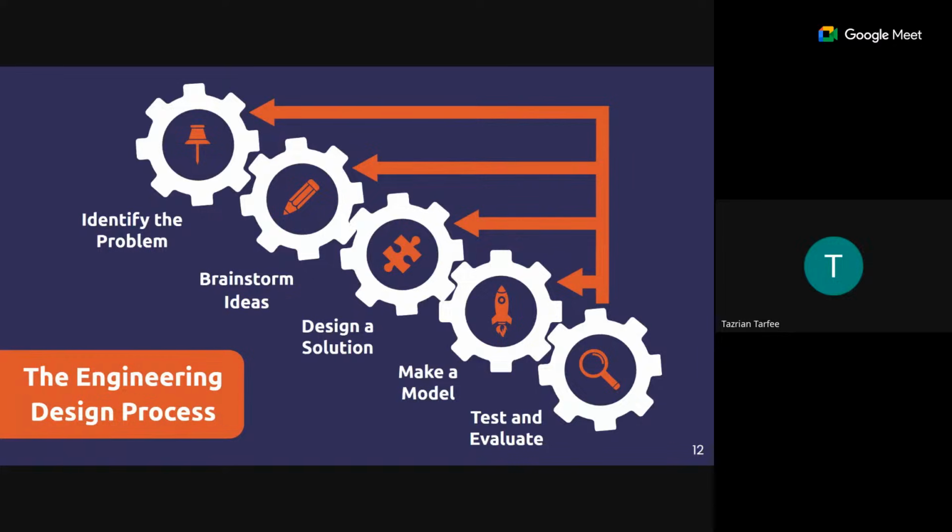Once we have our solution designed, making a model is just about gathering materials and going to make the physical model. When you're done making a model, we move on to the fifth step, which is testing and evaluating. That allows us to see if the product or the design we made makes sense.